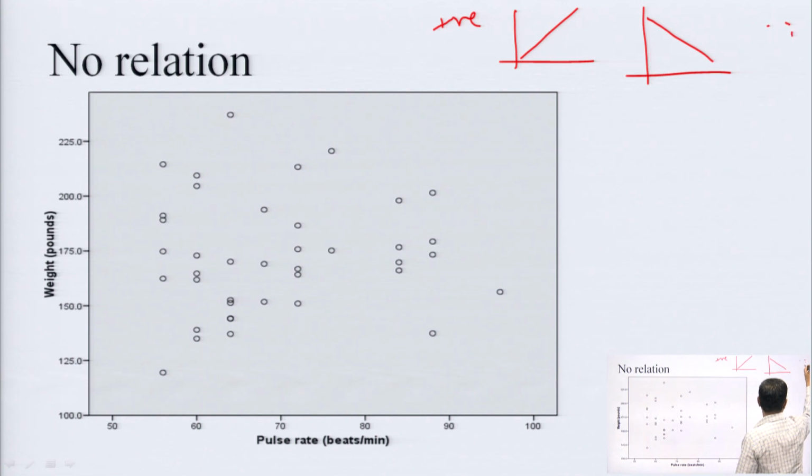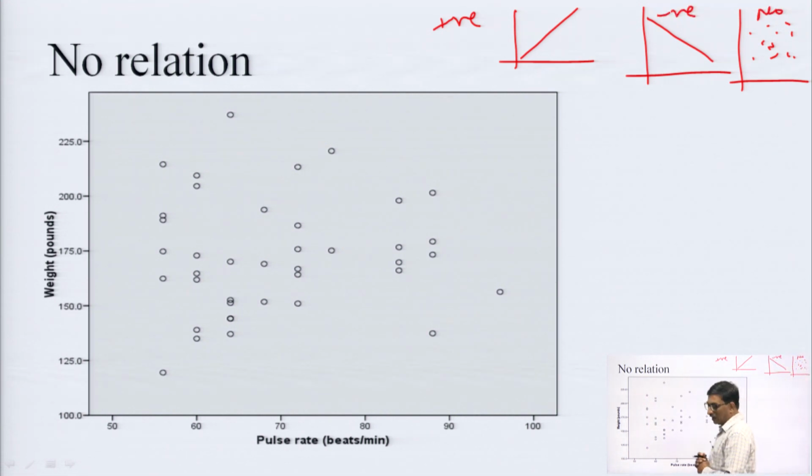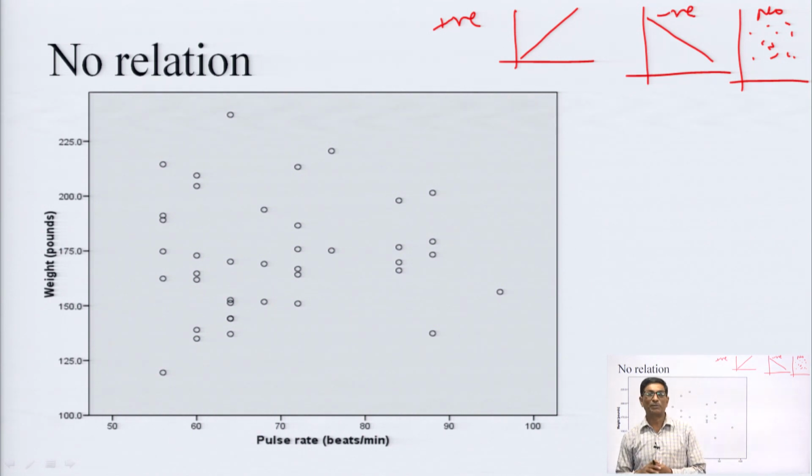And if there are dots with no increase or decrease, then we say no relationship. So, these are the three types of relationship we find with the pattern of scatter diagram.